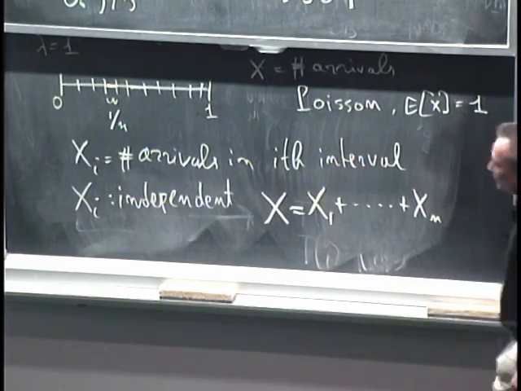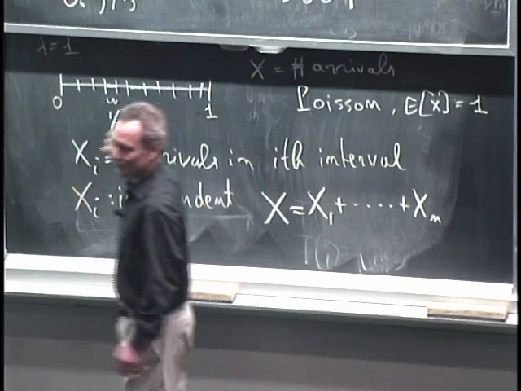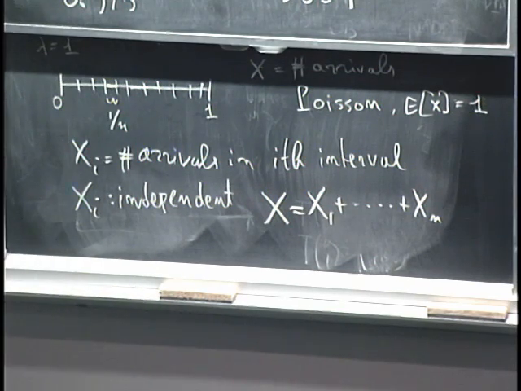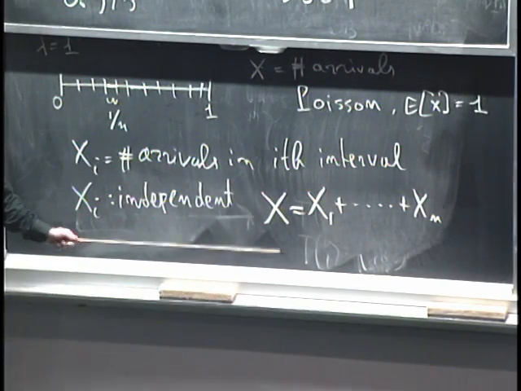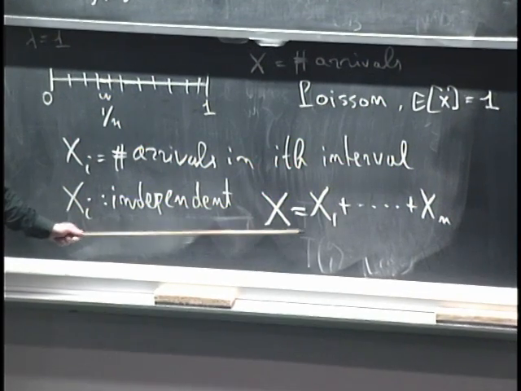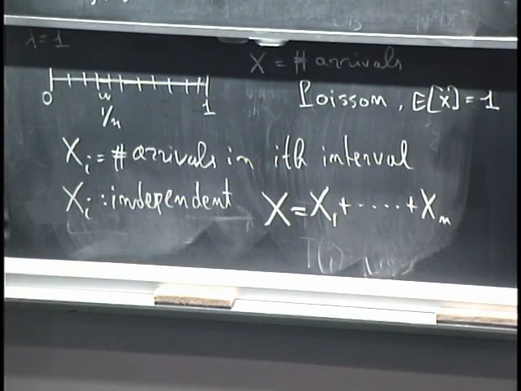On the other hand, we know that x has a Poisson distribution. So something must be wrong in this argument here. Can we really use the central limit theorem in this situation?